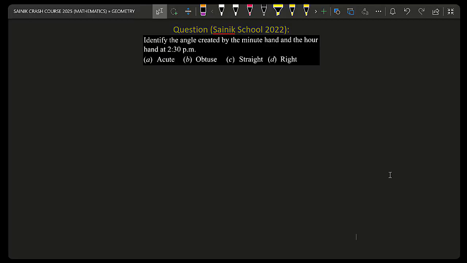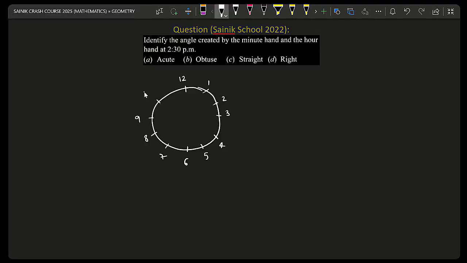Okay, I'm drawing the clock face. So this is the clock face: 12, 3, 6, 9, 1, 2, 4, 5, 7, 8, 10, and 11. Now show me where the hour hand is. Which number is the hour hand pointing towards at this time?